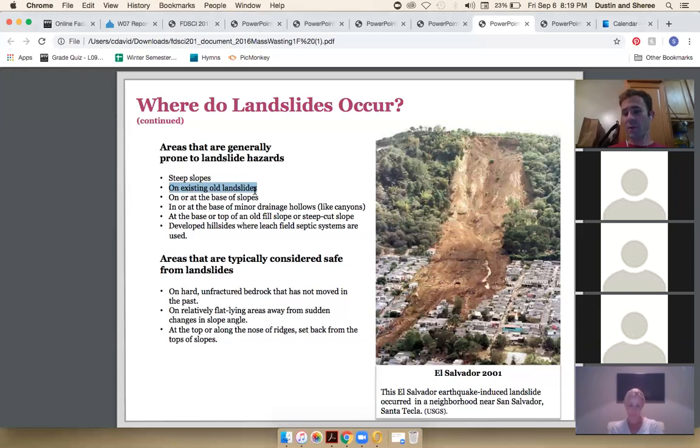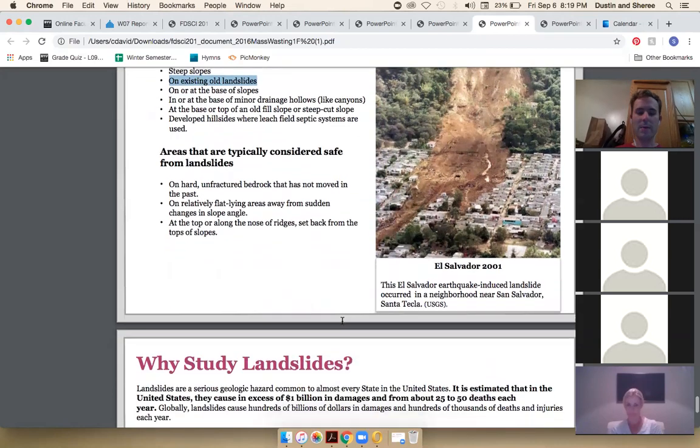For example, if you remember, the case study briefly mentioned this, but the Thistle, Utah landslide was a reactivated landslide. So that means there was a landslide there a long time ago before people had ever come. And then we had another one of those really, really wet years, and then the Thistle slide happened again, right near the same spot. So if you see that, that's a good indicator that that's likely going to be where a landslide happens.